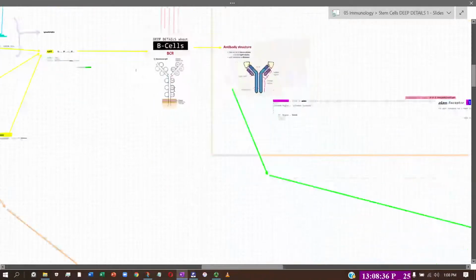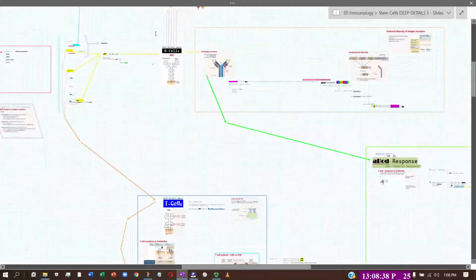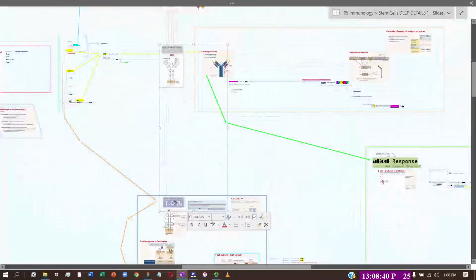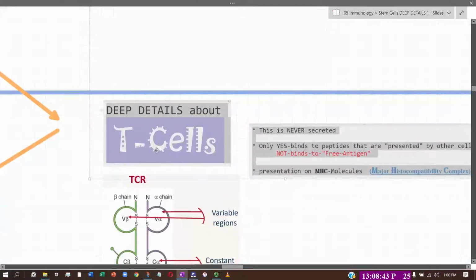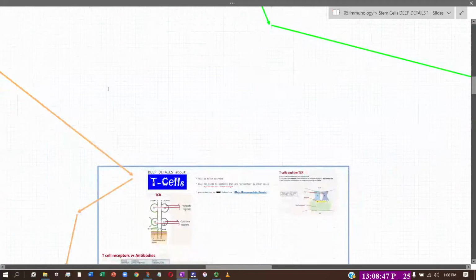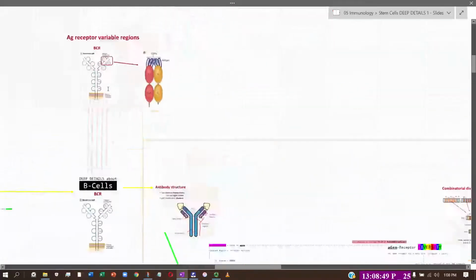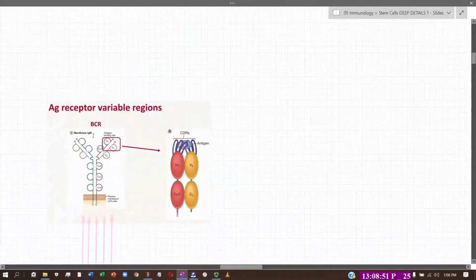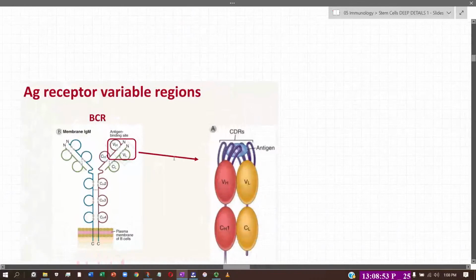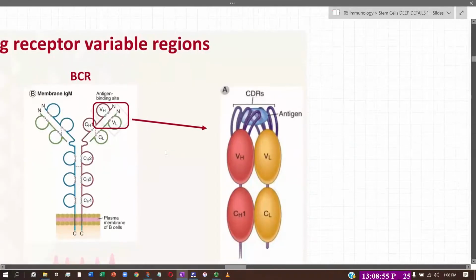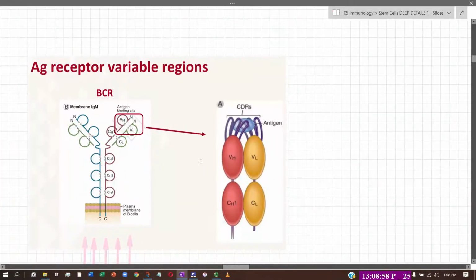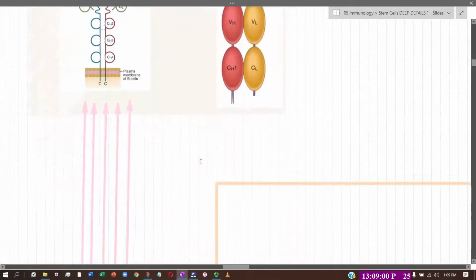So later we will compare that to down here. As you can see, here we have the TCR, aka the T cell receptor. So what's going on? Well, let's go to the short topic up here. There is stuff to know about variable regions. I don't know. We'll come back to that.